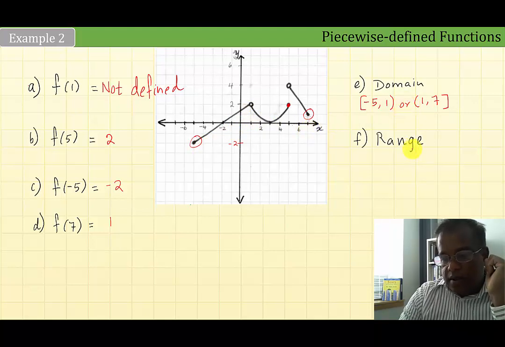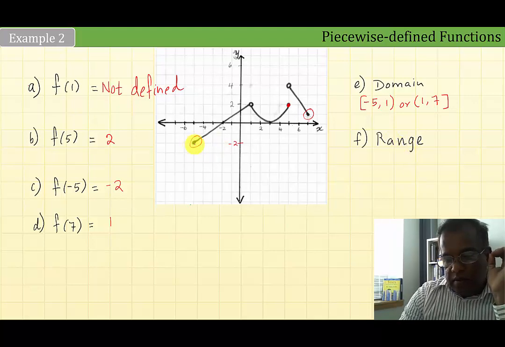And the range is all the possible y values in this function. You can see the minimum y value you can take is negative 2, so y is greater than or equal to negative 2. You can see it goes up to 2, and you can take any value.